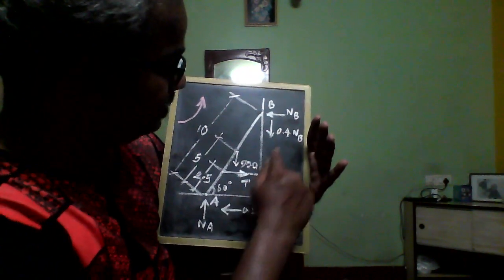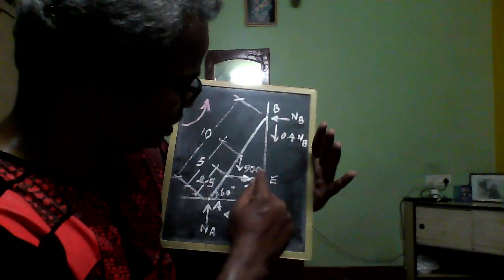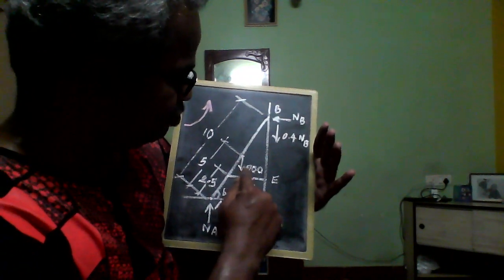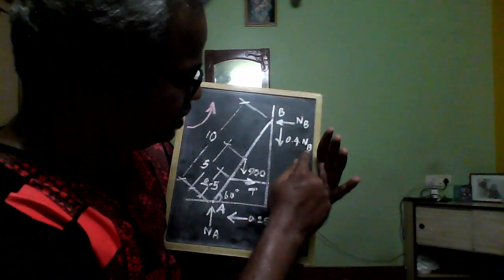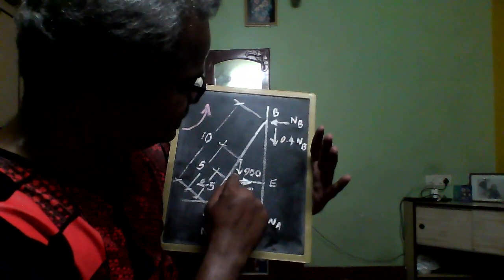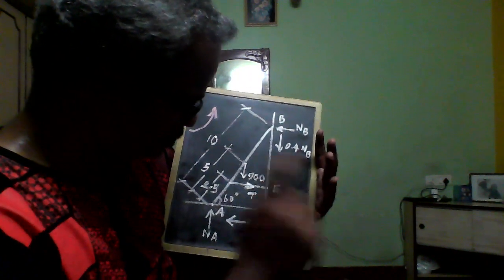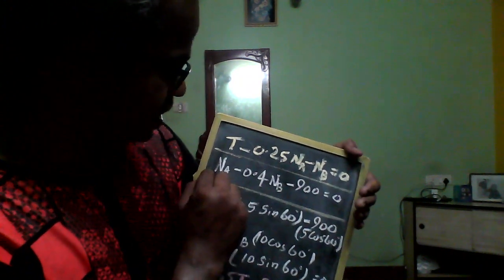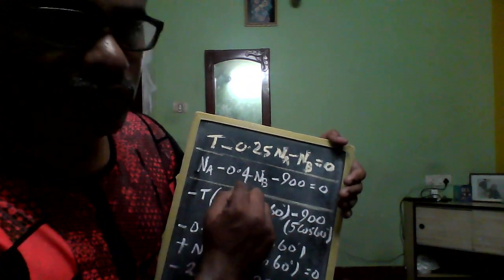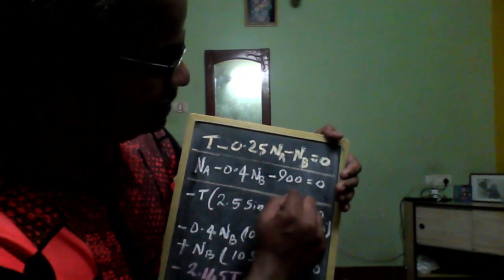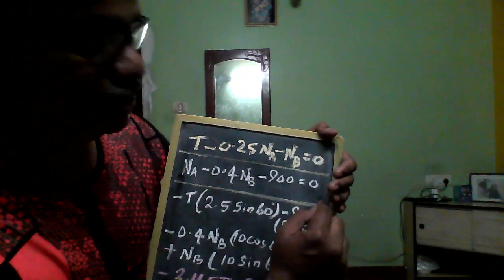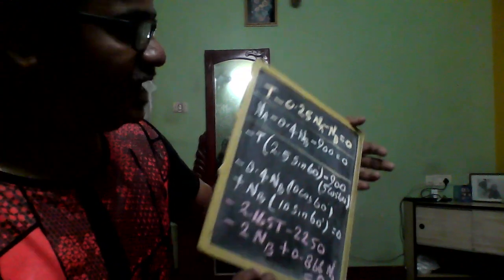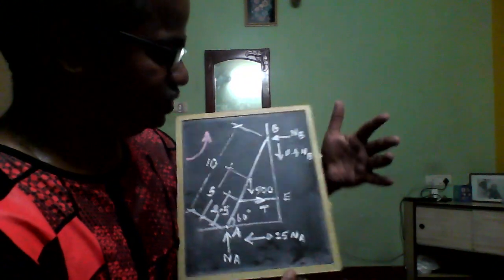So NA minus 0.4 NB minus 900 is equal to 0. That is the second equation. You can see here, I have written it: NA minus 0.4 NB minus 900 is equal to 0. That is the second equation, summation of Fy equal to 0.